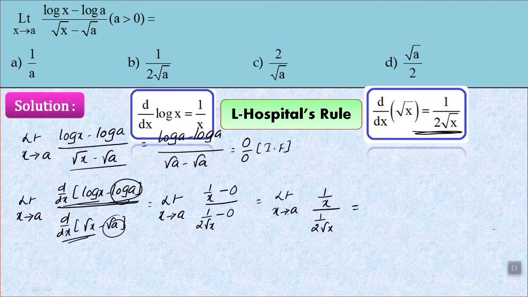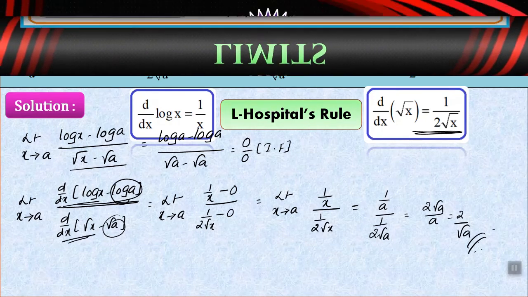Applying the limit, 1 by a divided by 1 by 2 root a, equals 2 root a by a, that is 1 by root a. Therefore, the answer is option C.